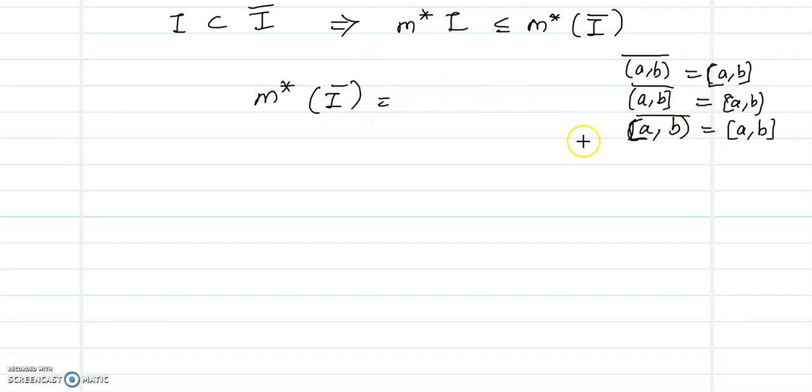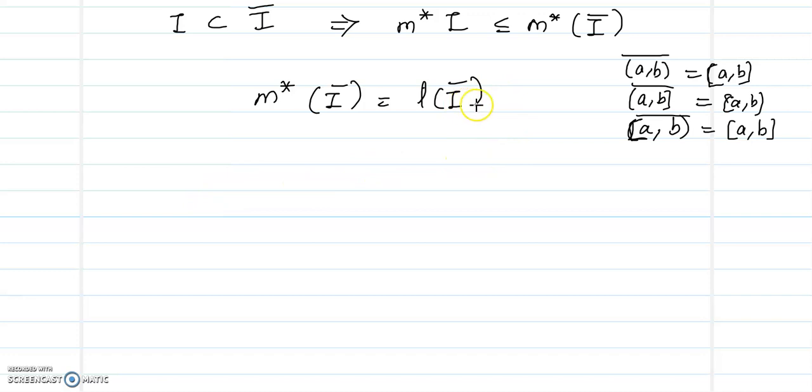So I closure will be a closed set, and m star of I closure will be equal to the length of I closure. Again, we can write the inequality in this form.